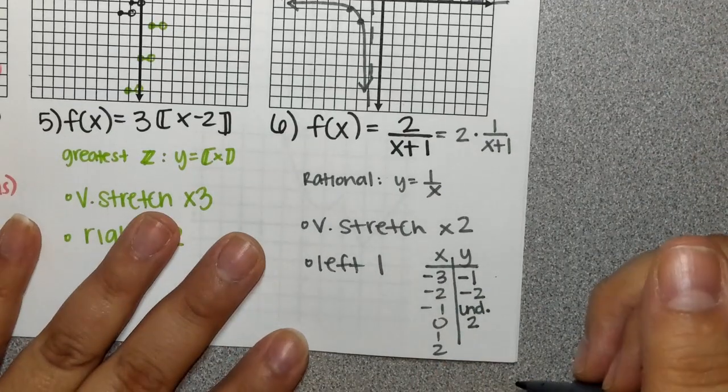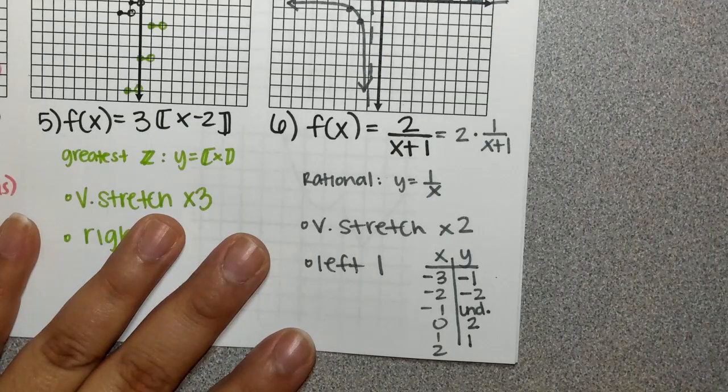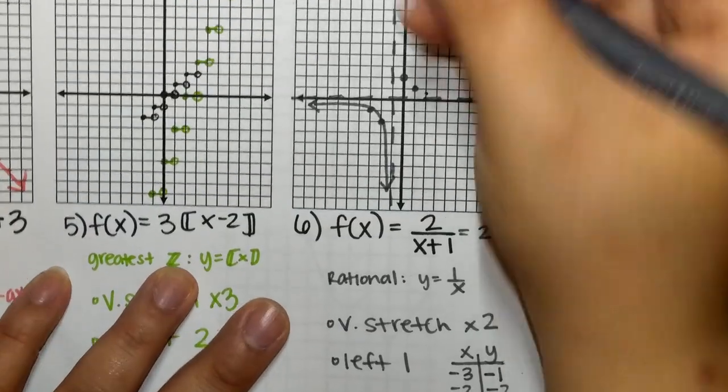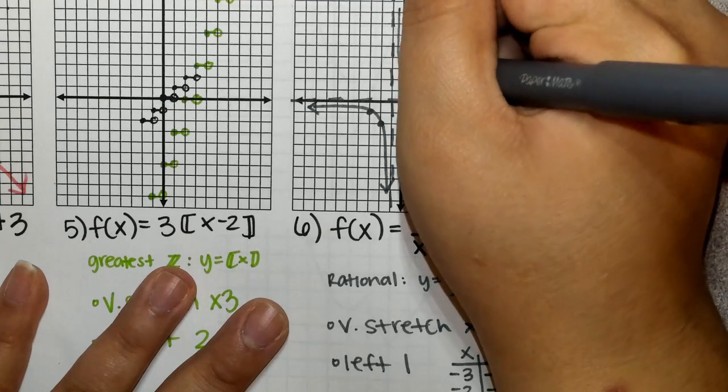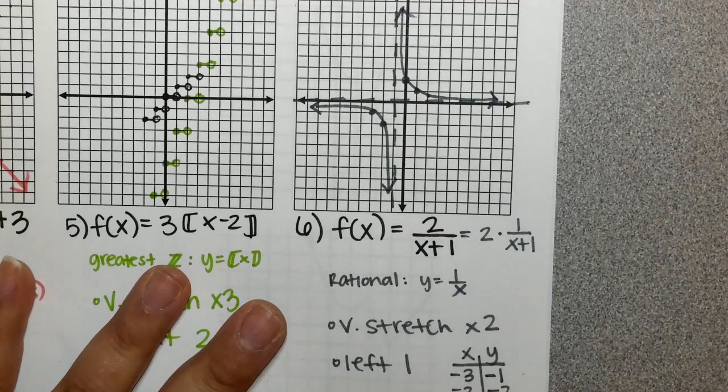And then plug in 1. 1 plus 1 is, 2 divided by 2 is, and then the next one is going to be 2 plus 1 is, 2 divided by 3 is 2/3. So I'm just going to plot it somewhere right there. Do I have my 5 points? We're good.